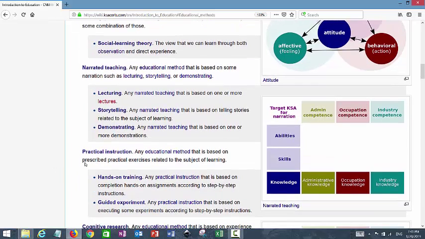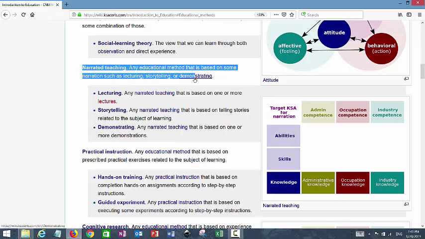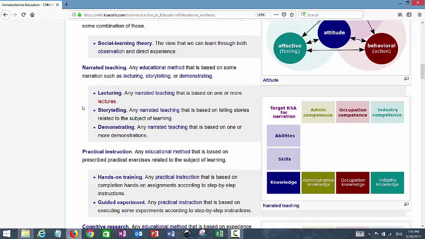Narrating teaching is any educational method that is based on narration, such as lecturing, storytelling, demonstrating. Lecturing is based on lectures, storytelling is telling stories, and demonstrating includes one or more demonstrations.